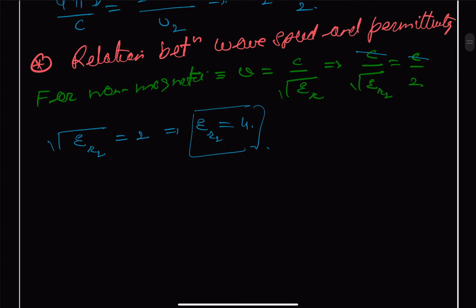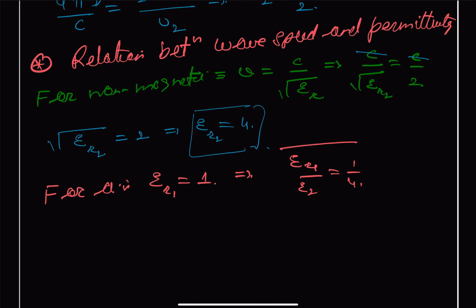And for air, we know the er1 will be equal to 1. Therefore, the ratio er1 upon er2 is equal to 1 upon 4.